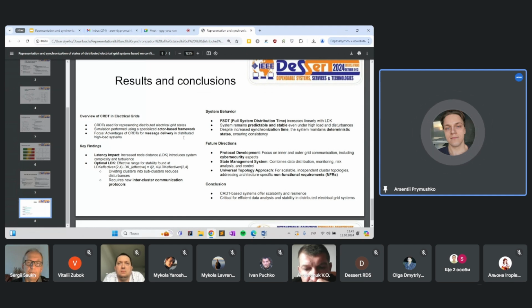But in general, CRDTs are a very flexible solution because they have different message distribution techniques. So for the current work, we used the delta replication technique, which is not heavy by itself, and it is very compliant with different protocols and within network communication.